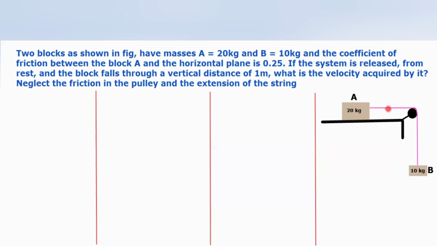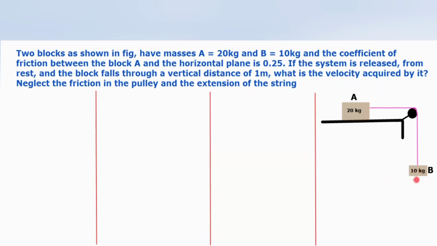So the direction of motion of object B will be downwards, and the direction of motion of object A will be towards the right side. From this initial position, if the object falls through a vertical distance of 1 meter, what is the velocity acquired by it at the end of 1 meter? That is what we are going to calculate.